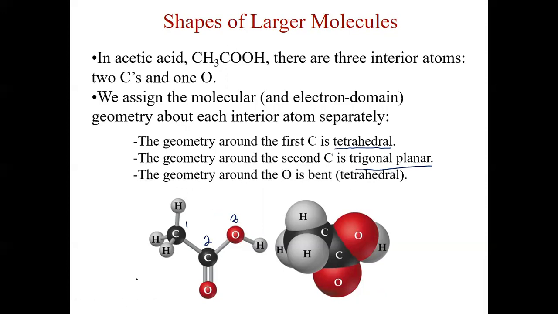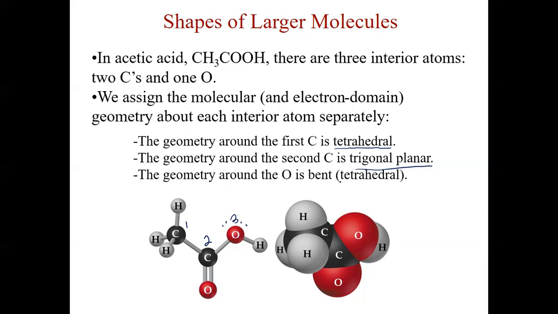Okay, so this is one that confuses a lot of people. The oxygen here only has 2 electron domains with the bonded atoms. But if you notice, the molecule is showing us what the shape is. Because it has this bent shape, that means that there are 2 non-bonded electron pairs.